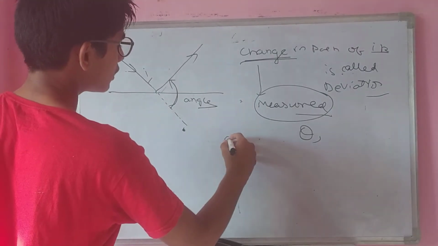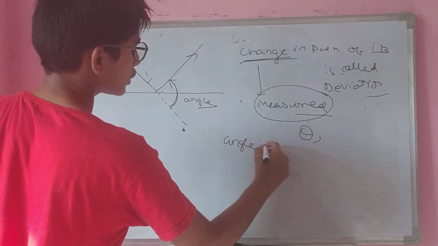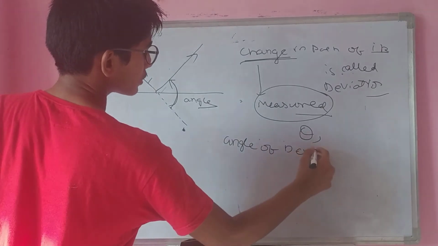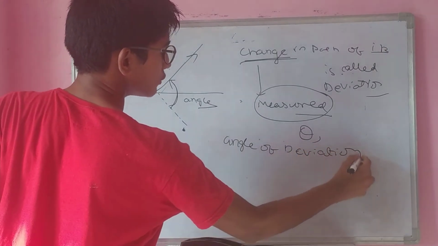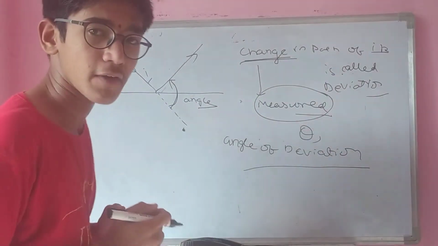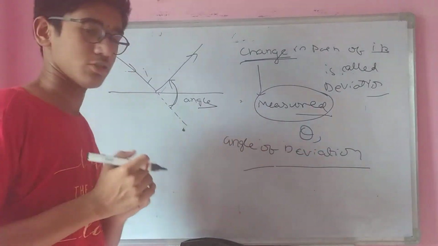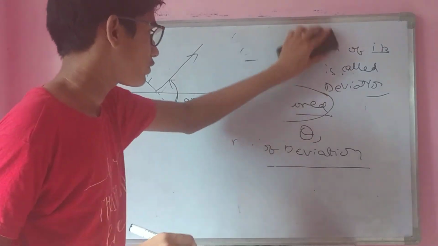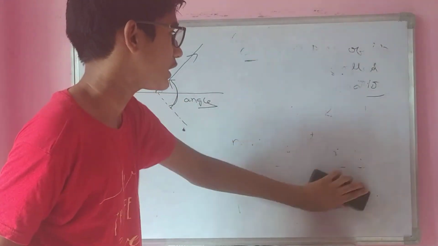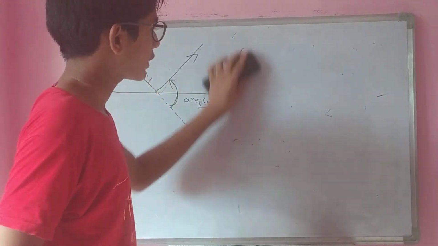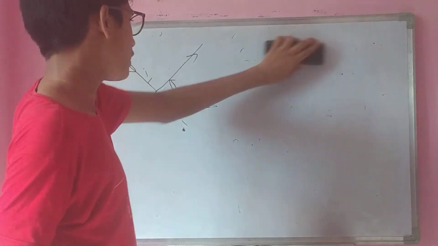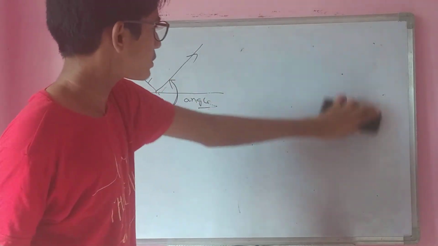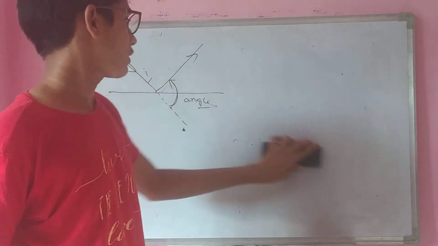This is called the angle of deviation. Change in its path is measured in the form of an angle, so it is called the angle of deviation. I had taken only angle, not any shift or lateral shift or anything else, because this change is measured only in angle.